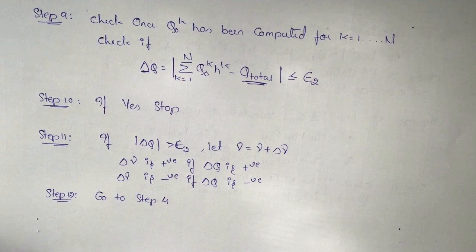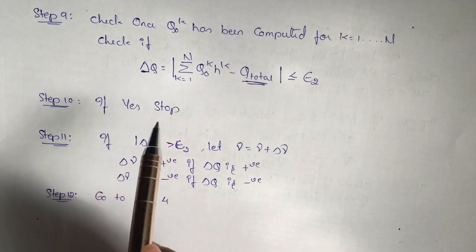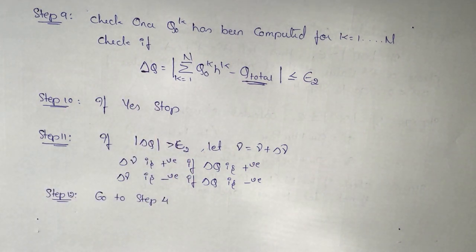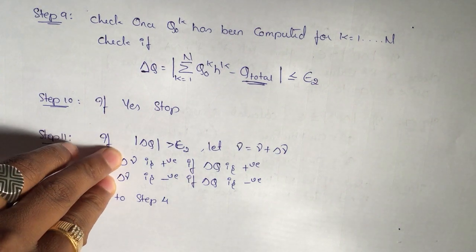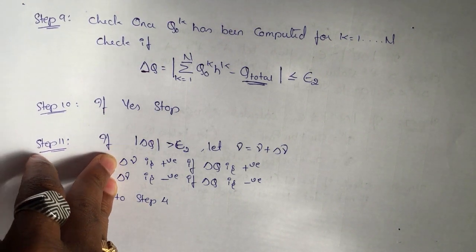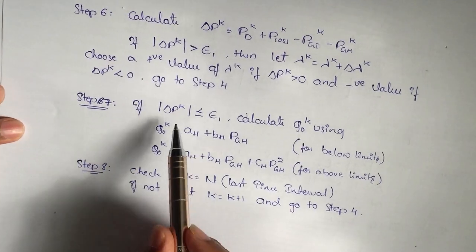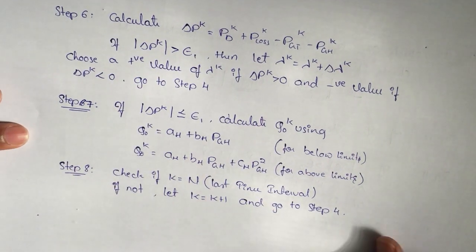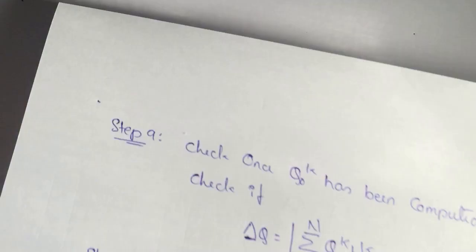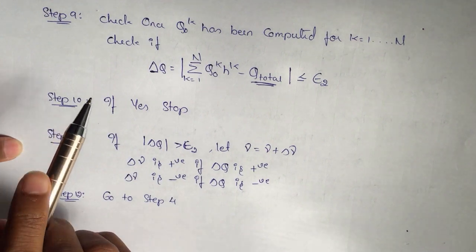Hope you people getting my point. Converged meaning, okay, till the value of delta Q and delta P, here we are having delta P, step 7 and step 9.